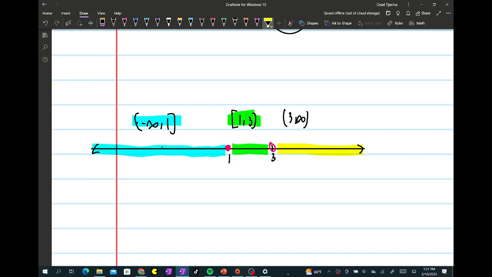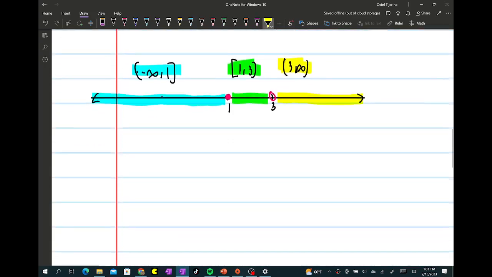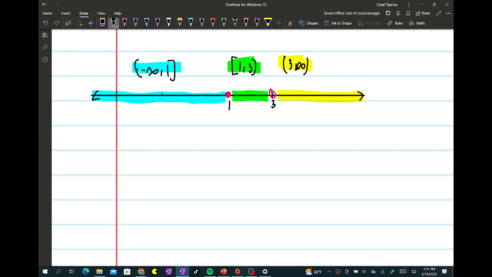Now, these are not the answers. We're not done yet. We need to test them out. These are our test intervals. So I'm going to make a chart, and I'm going to put interval, and I'm going to start with negative infinity to 1. We know that 1 is included, so we don't need to use 1 as an option for this.